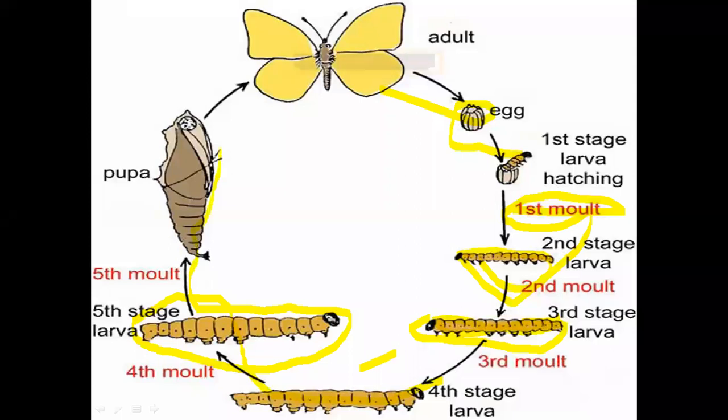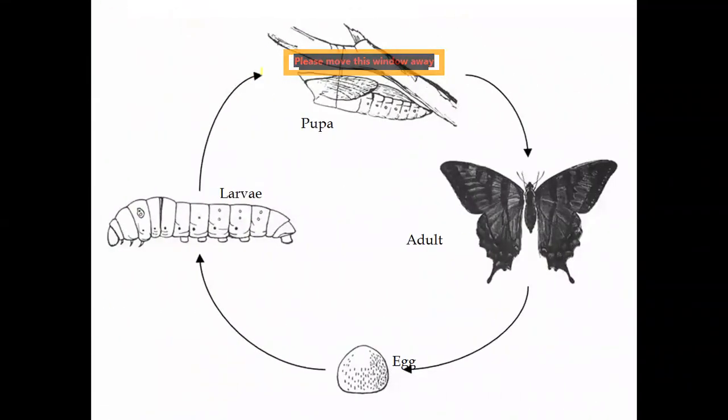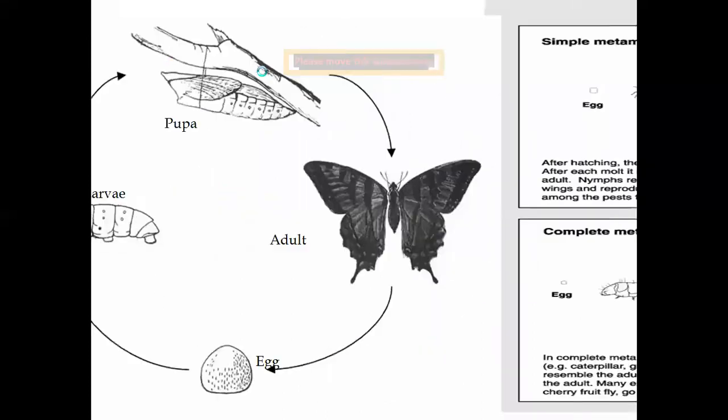This pupal stage is again a resting stage known as pupa, where the differentiation of the body occurs, and later on it becomes an adult. This is the complete metamorphosis known as holometabola in Lepidoptera. Examples are butterfly and moth. Here also egg, larvae, pupa, and then adult stage occur in butterfly and moth.